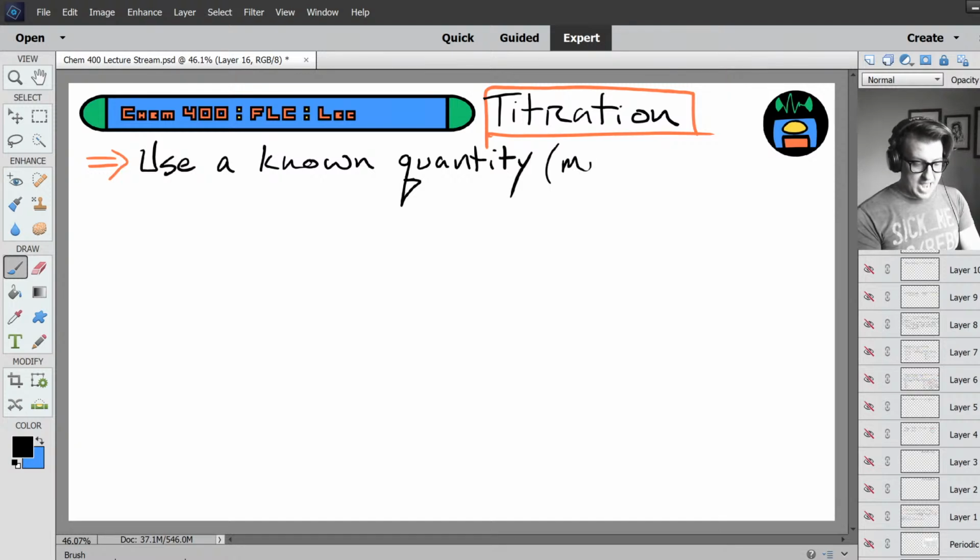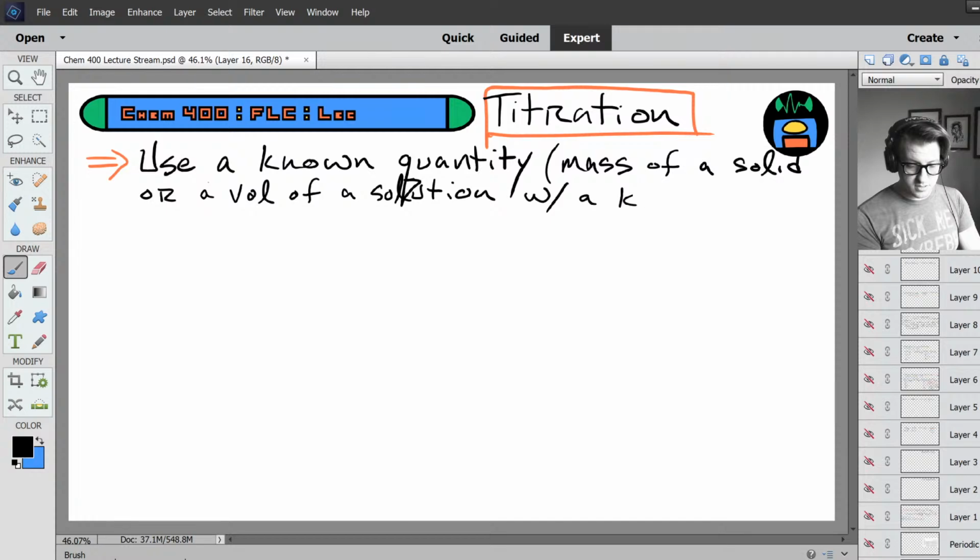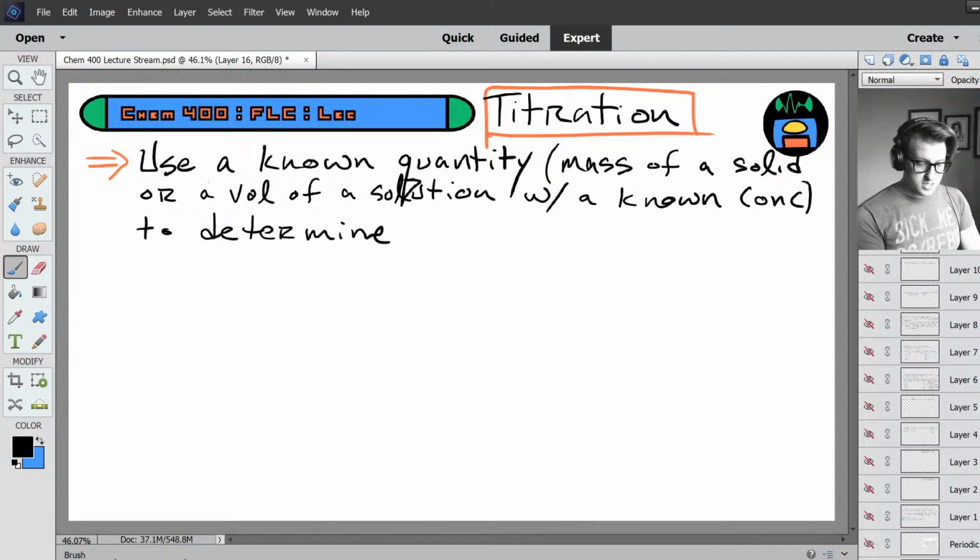This could be the mass of a solid, or a volume of a solution with a known concentration, to determine an unknown quantity.